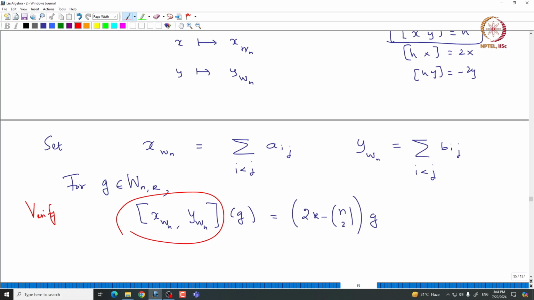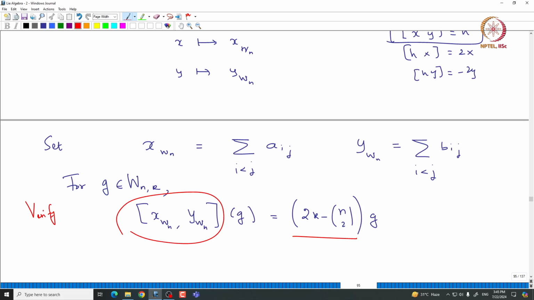On exactly W_n,k, it acts with the eigenvalue 2k minus n choose 2. So, that is a very important property of an sl2 action on any finite dimensional representation: H should act diagonally.